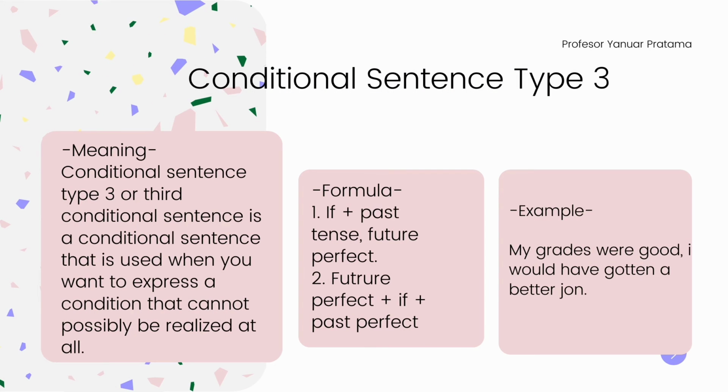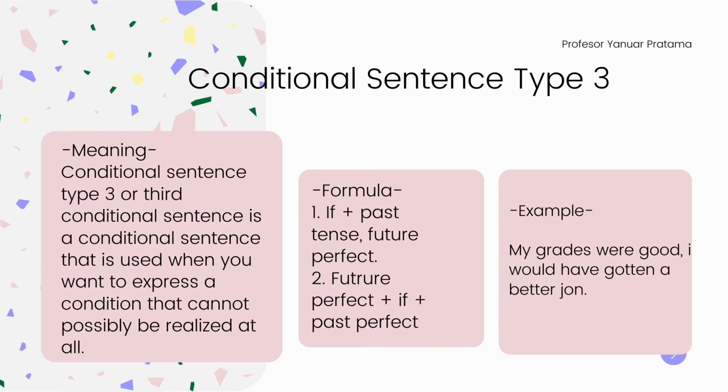And the last is conditional sentence type 3. A conditional sentence type 3 is used when you want to express a condition that cannot possibly be realized at all. This is because the conditions expressed are impossible or just an imagination. This third conditional sentence also expresses something that is contrary to what has happened in the past.